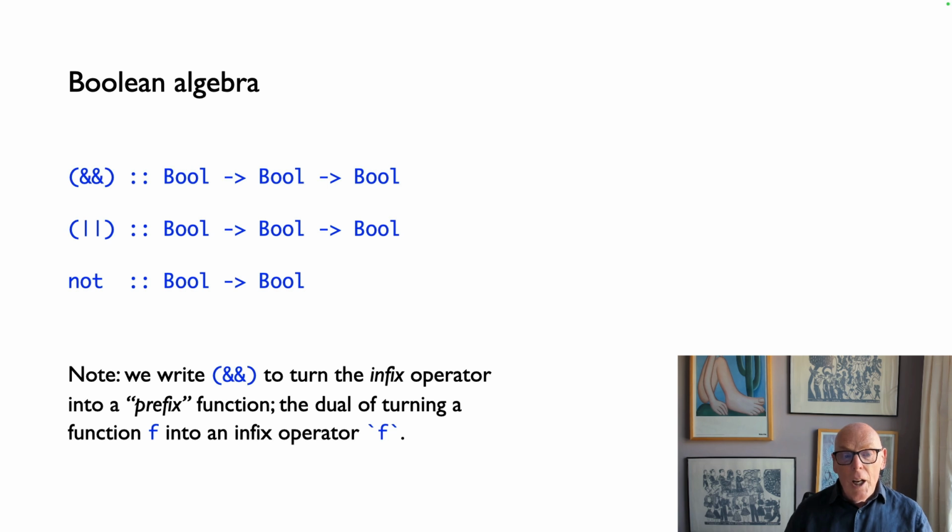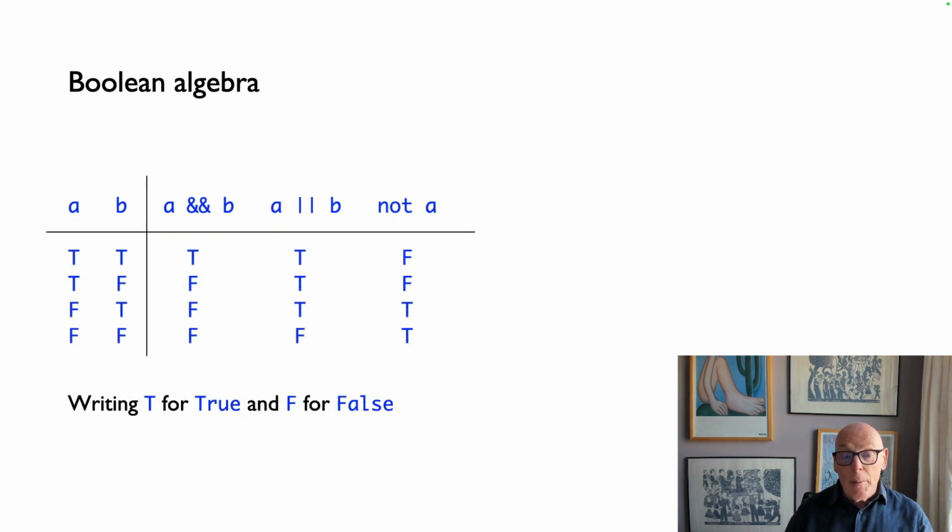So there we have the three operators, and they get defined by what's called a truth table. What that does is, if you look at the value of A and B, this table gives you the value that it has for all the possible combinations of inputs.